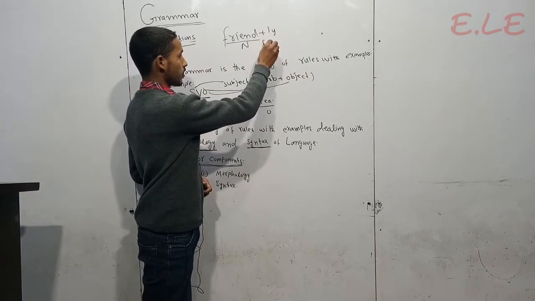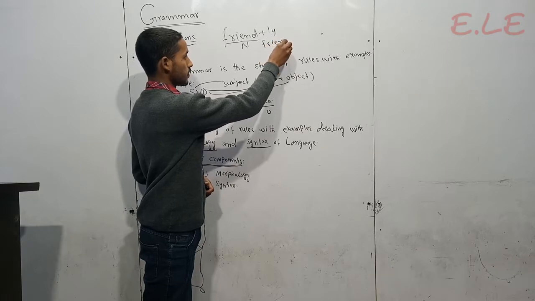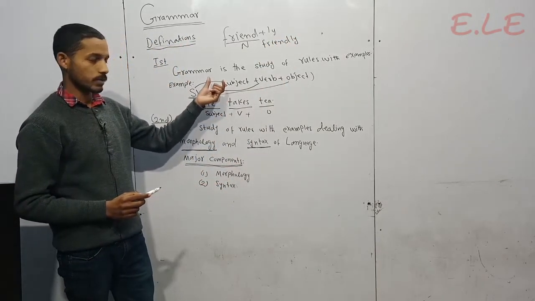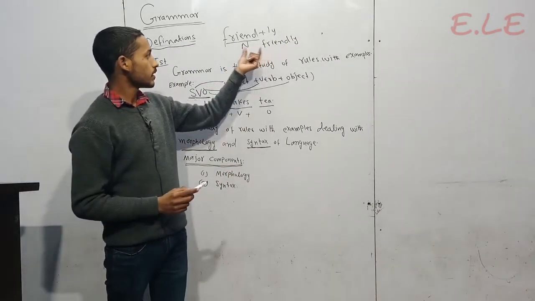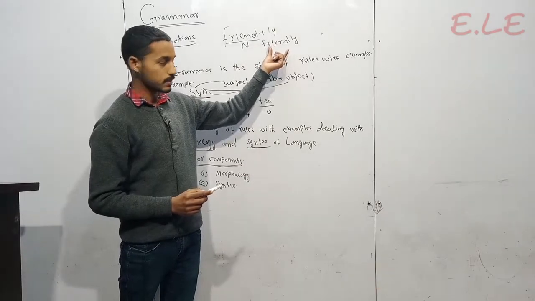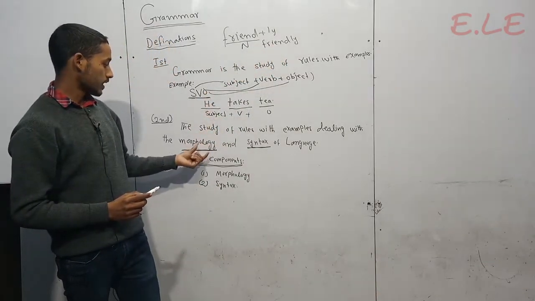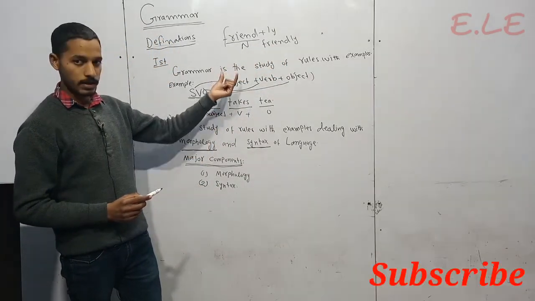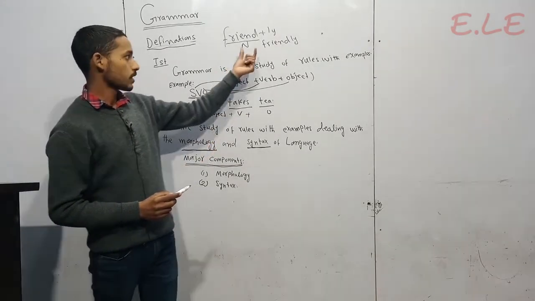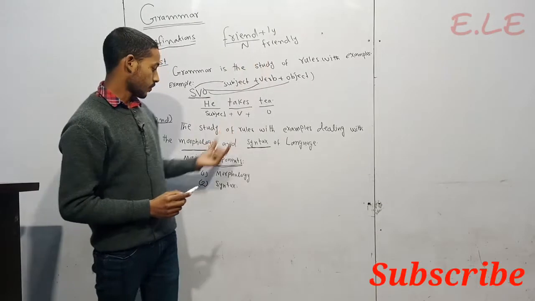So we get friendly. Friendly is a new word. Friend is a noun, but friendly is an adverb. This is made with the affixation of ly, with the help of affixes. So I have a new word, friendly, in morphology.